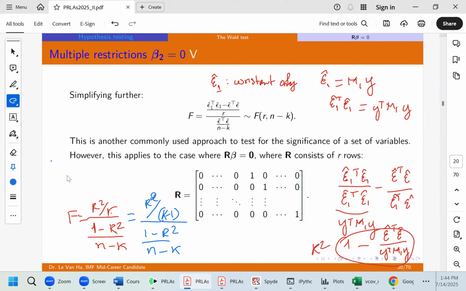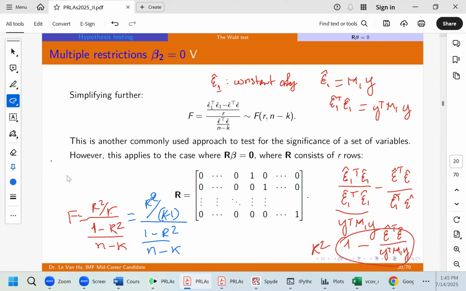So in order to compute that F statistic in the regression table, you would take R squared over k minus 1 divided by 1 minus R squared over n minus k, and this one will follow an F distribution with k minus 1 and n minus k degrees of freedom, right?